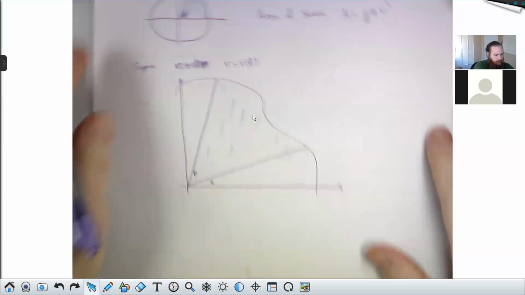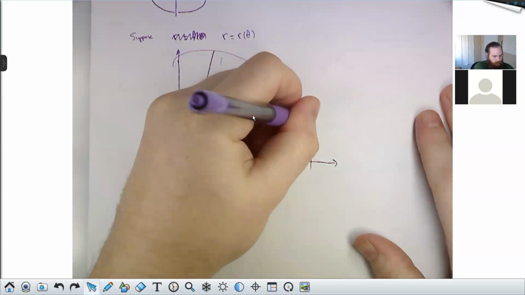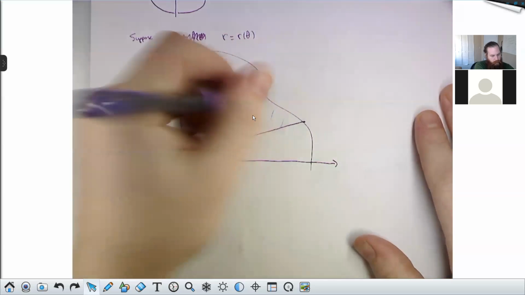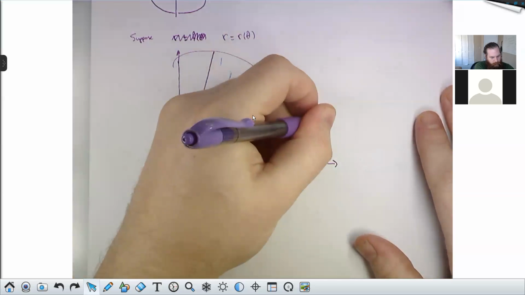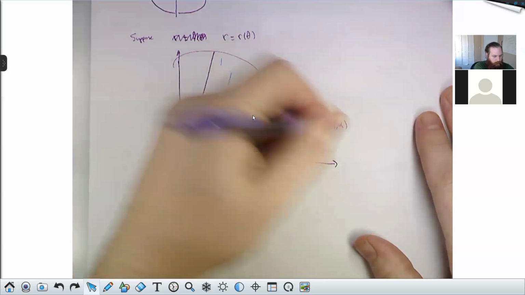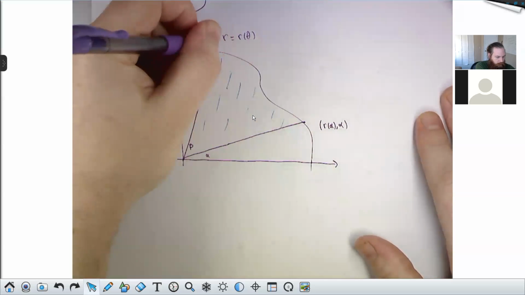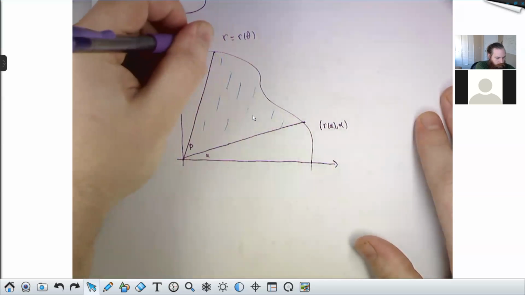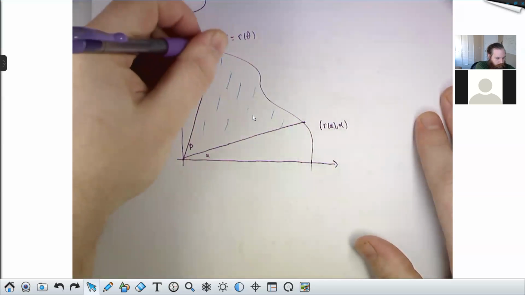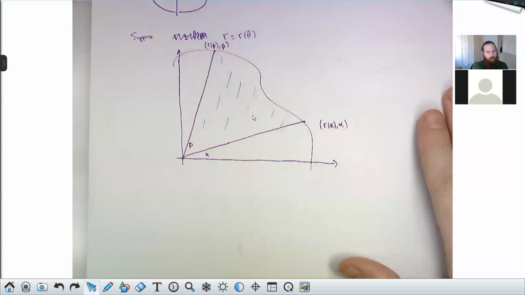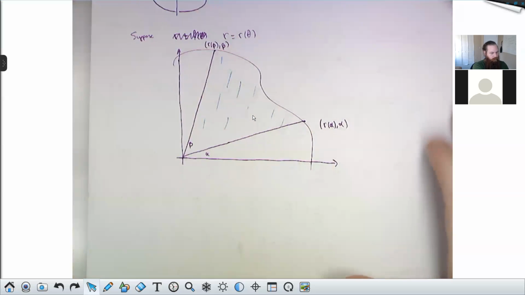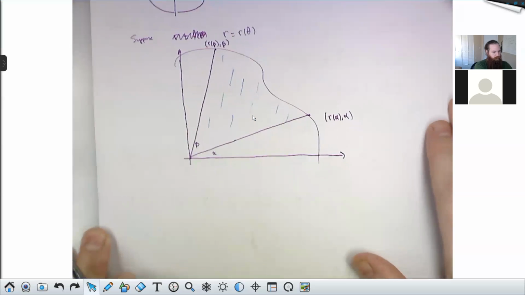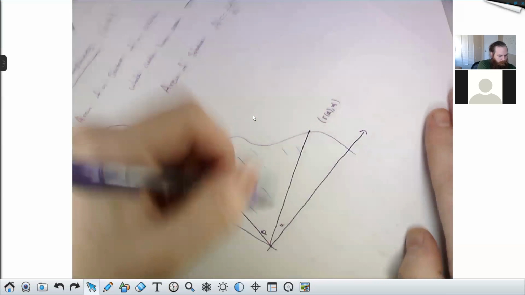Well, the polar point here is r of alpha, comma, alpha, and the polar point here is r of beta, comma, beta. And the trick is to just chop this up into a bunch of little pieces. So it's kind of like a Riemann sum.